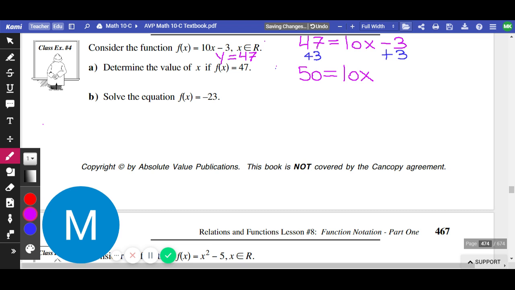You then move any additions that you have. There are no additions. You then move any multiplications that you might have. We do have a multiplication here. Remember when you have two letters or two numbers or two things written side by side, a letter and a number, that means multiplication. So what we need to do is move that 10 away from the x by dividing by 10.